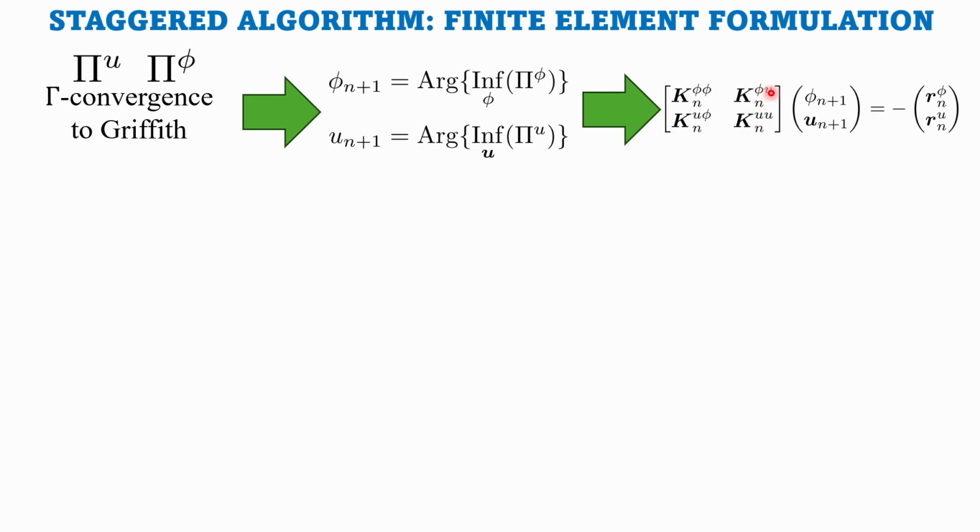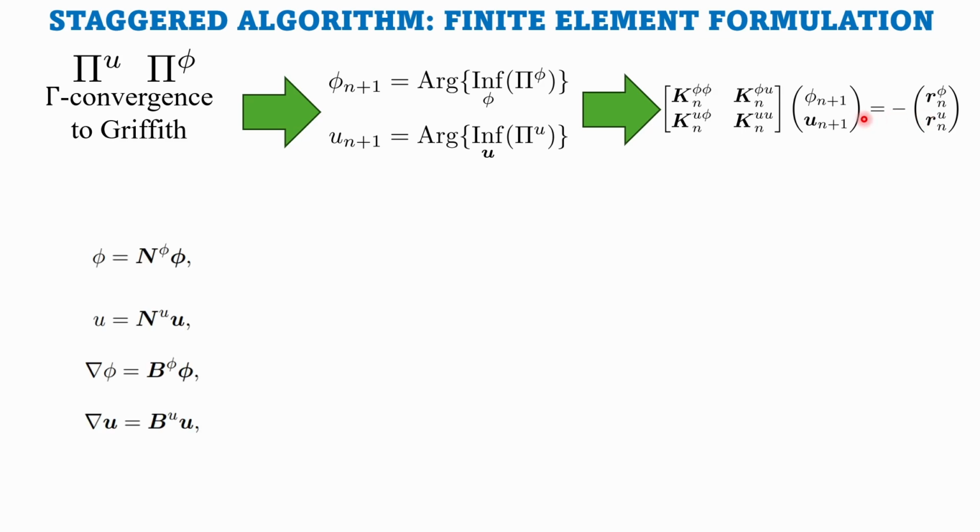So essentially K phi u and K u phi are coupled, K phi phi and K u u are decoupled. So this is essentially a function of only phi. This is only u, and these are u and phi. So this multiplied by your primary variable vector, which is phi and u, will be equal to minus the residuals.